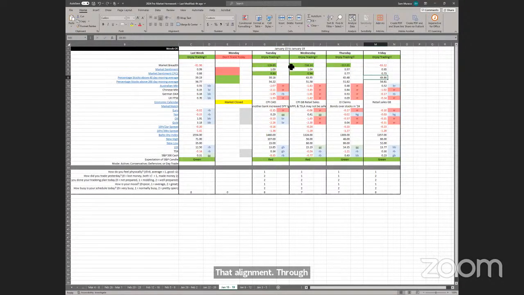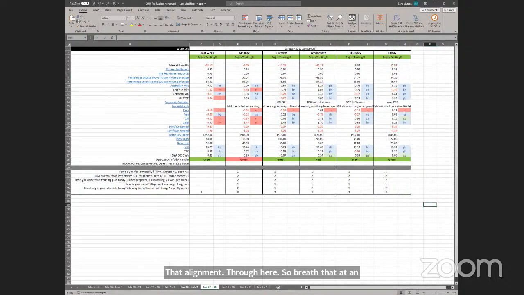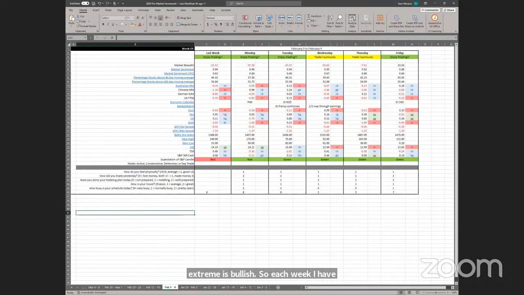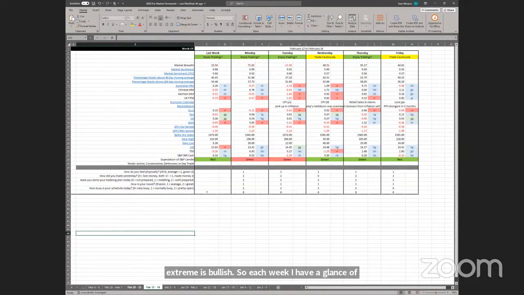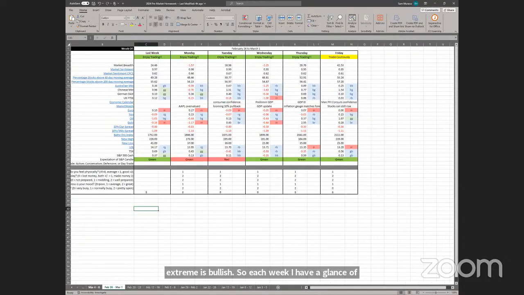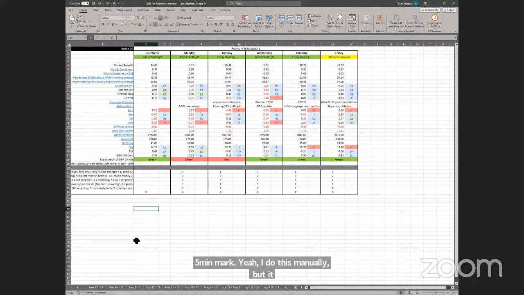So breadth at an extreme is bullish. Each week I have a glance at what's going on, as you can see, and this is my 5 minute mark. I do this manually, but it colors them automatically. I've got conditional formatting here.